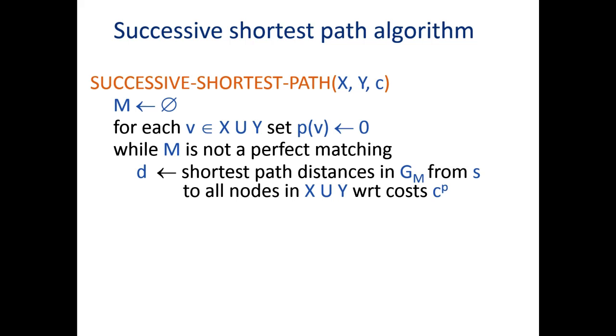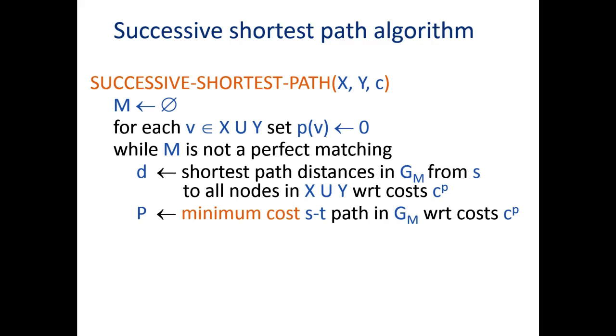I compute the shortest path distances to everything using the costs modulated by prices. I'll find the minimum cost ST path, so I can do that using Dijkstra if I manage to maintain compatible prices, because compatible among other things means that prices are non-negative.